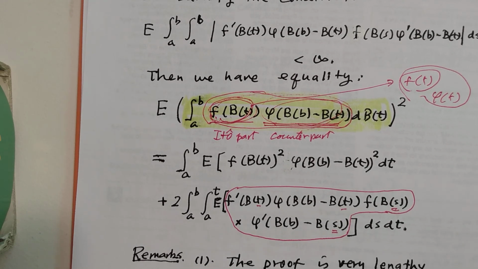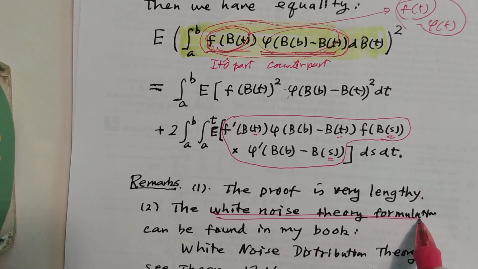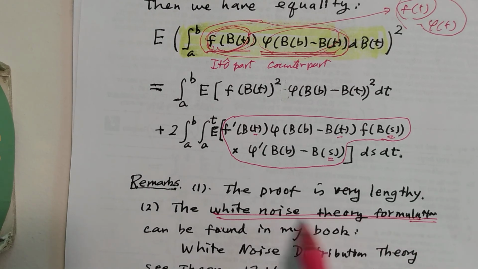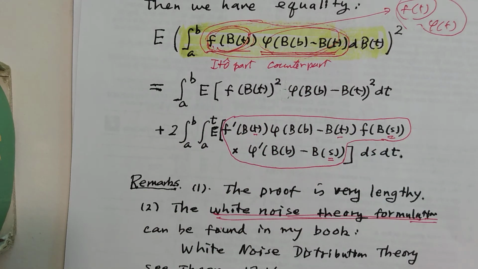As I mentioned, it's in the Hida white noise theory formulation. We have this equality, but the equality involves the white noise differentiation operator, and that is quite involved in the white noise distribution theory.